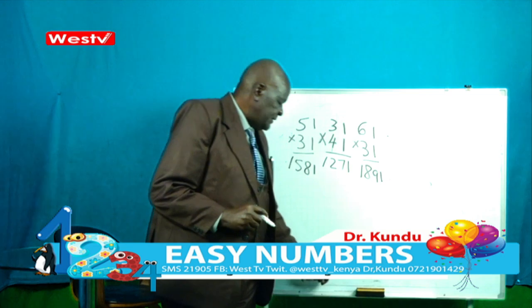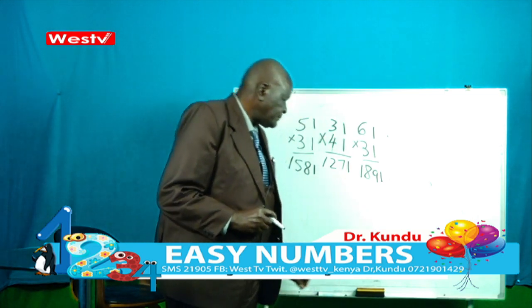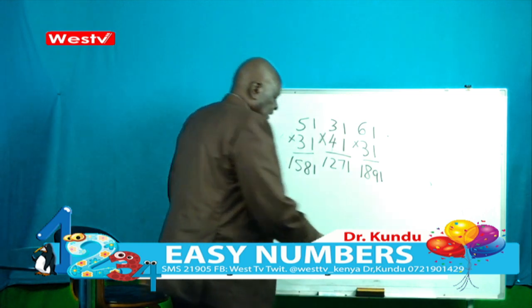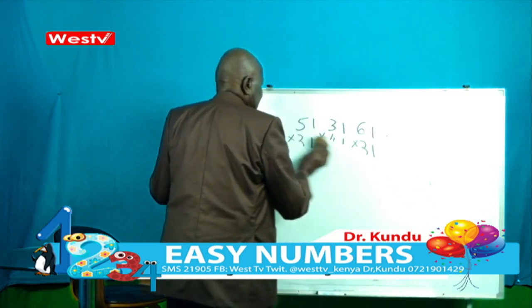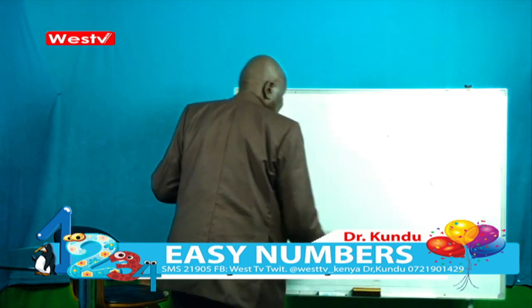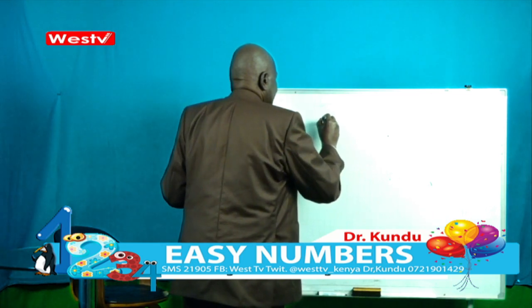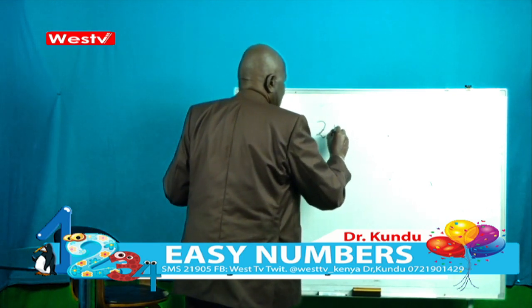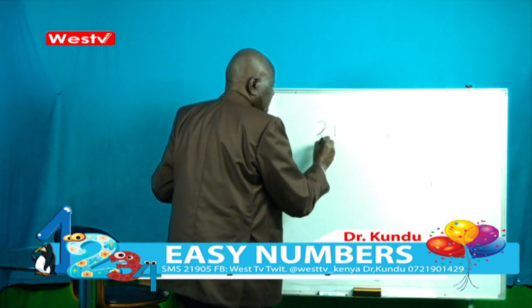When you know that, you will multiply these things mentally. Let us see how you can do them mentally. Long before somebody has an answer, you already have an answer. Let us suppose we have 21 and we are going to multiply that by 51.